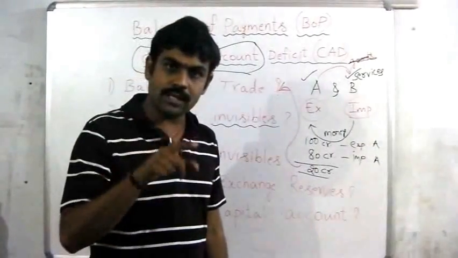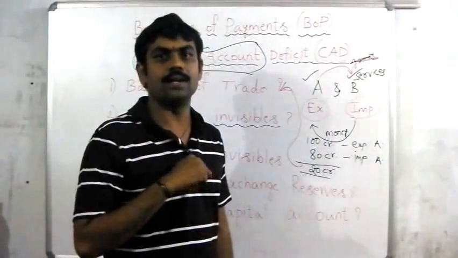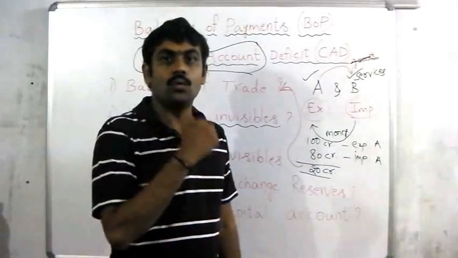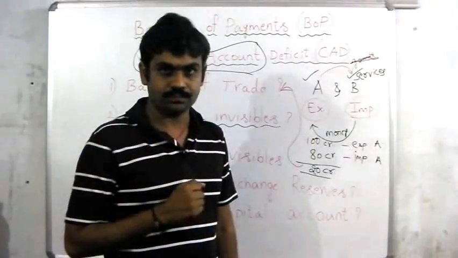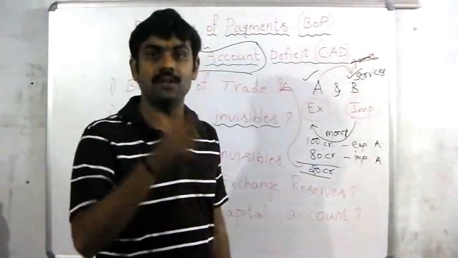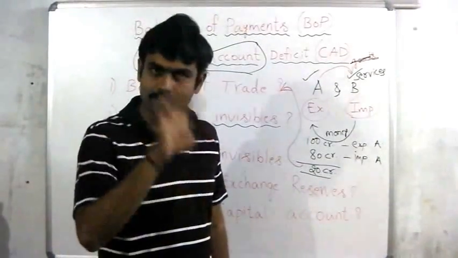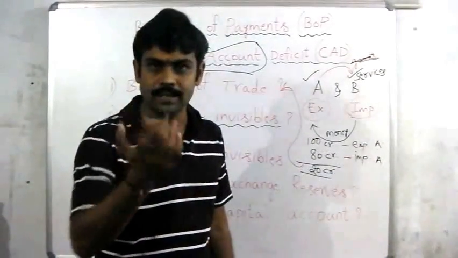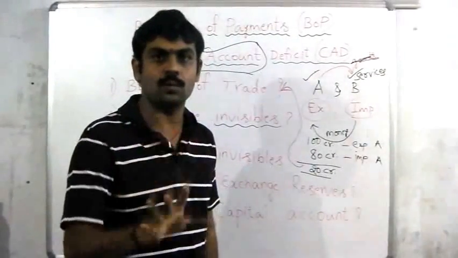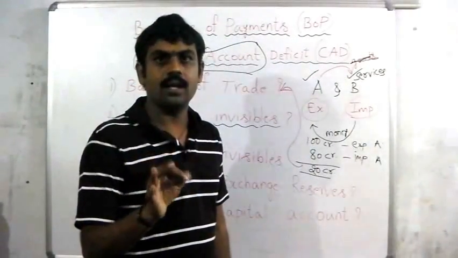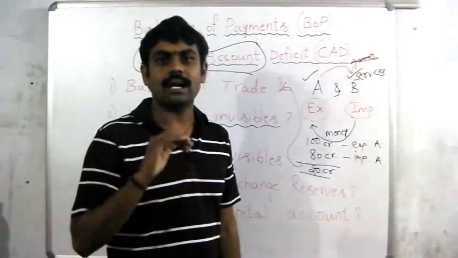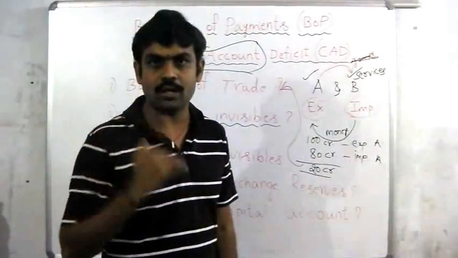And if USA is continuously importing from us, that means we are exporting to USA. USA will pay us in rupees, and for that USA also has to maintain rupees. It is just an example. It doesn't mean that USA is maintaining rupees. It is an example that every country will maintain the currencies of other countries, that is foreign countries.